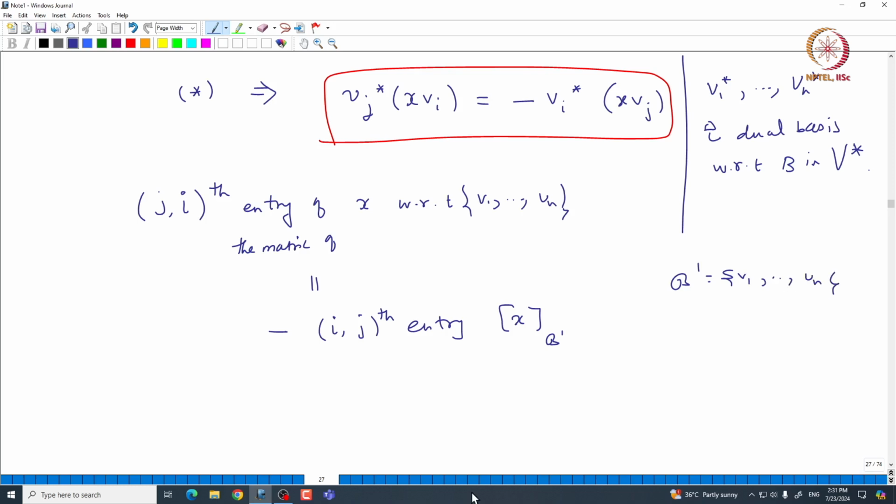So, that means the matrix of X is inside so(n). So, that is the meaning of being in so(n).